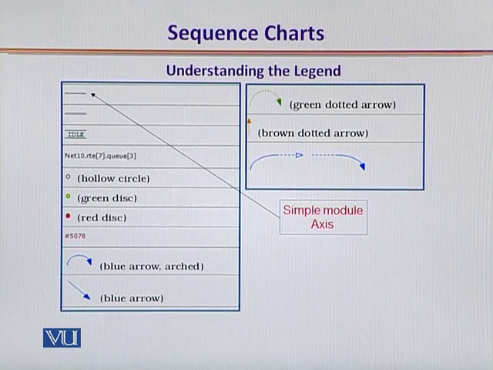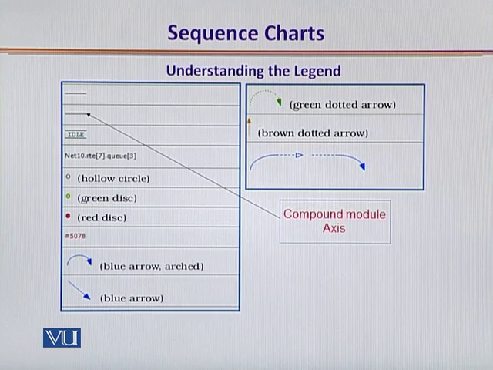The first important object that you see here is the simple module axis. Now, the mention of axis here means we'll have two axes, the x-axis and the y-axis. If we have a simple module whose behavior we want to capture visually, we use a single line for a simple module. For a compound module, we use a double line.